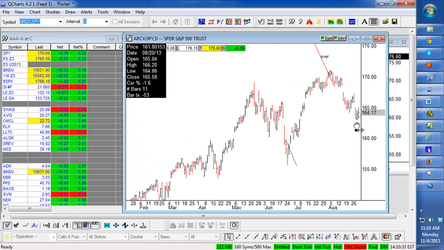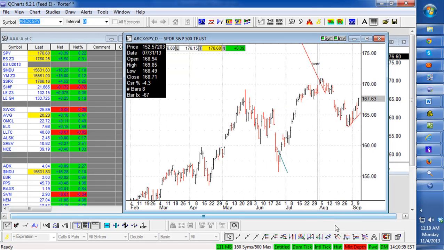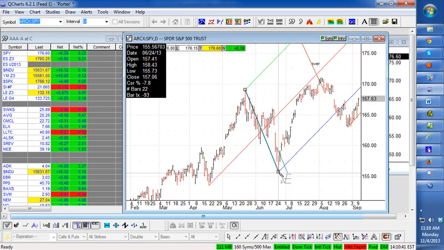Okay, let's take a look here. See, prices go past the red line and then do a nice little reversal for a while.